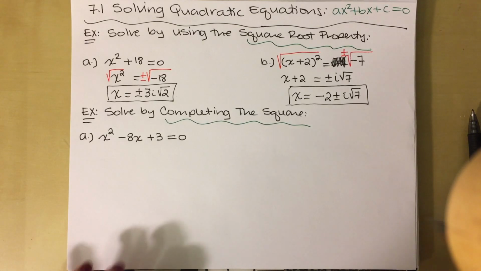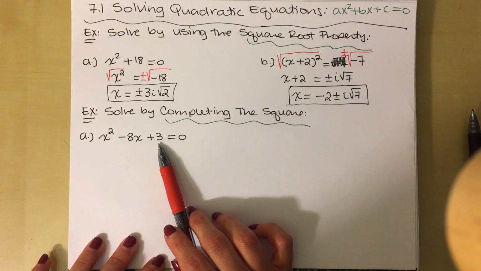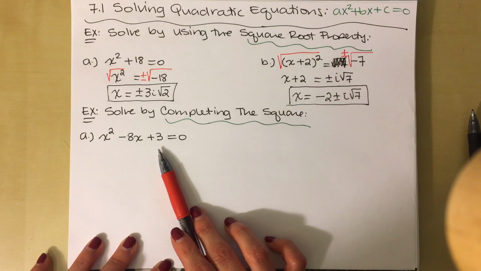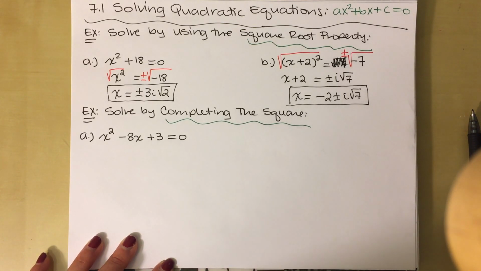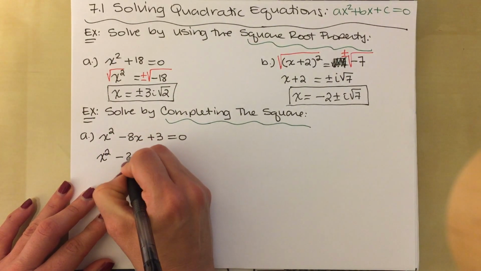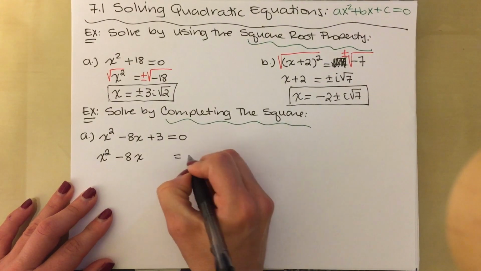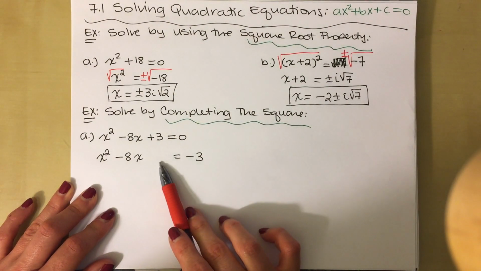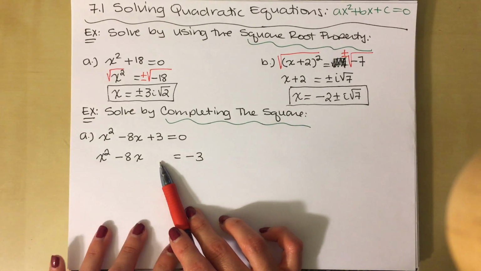The first step to completing the square is to isolate your C term, which means this C value, which in this case is 3, has to be isolated on one side. Subtract 3 from both sides. There's a little bit of space here because we need it for the next step.